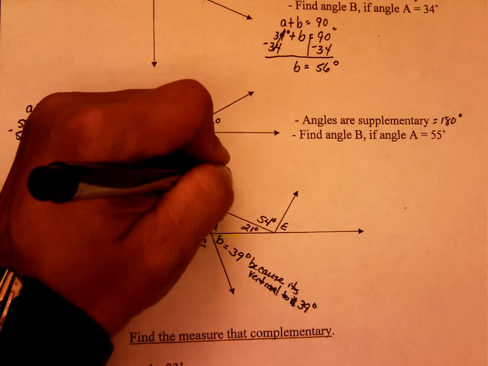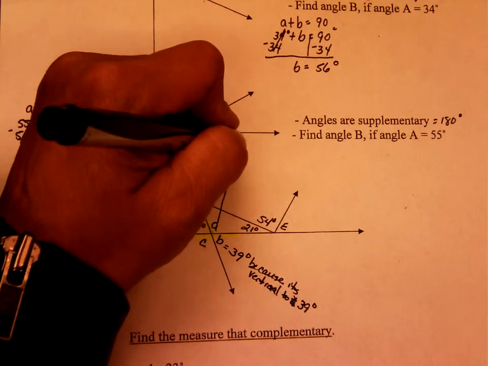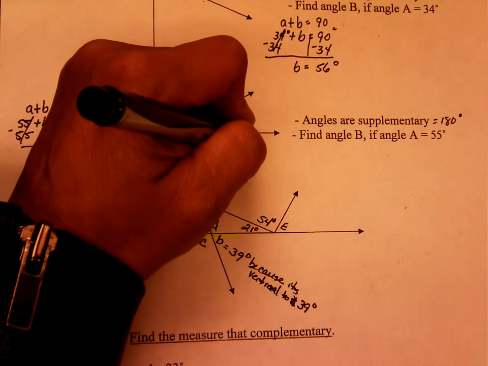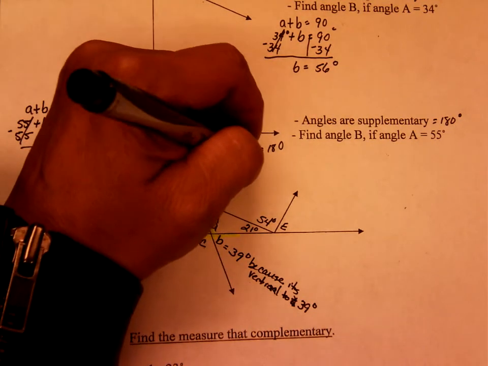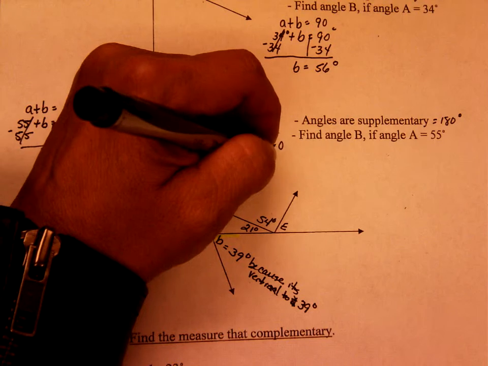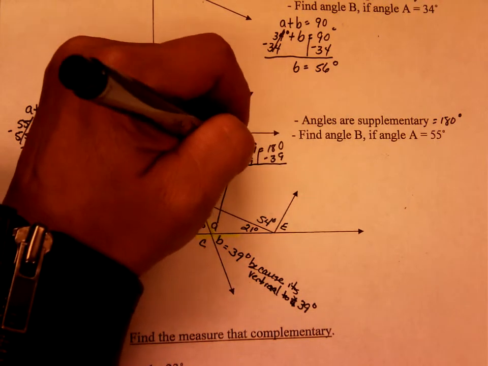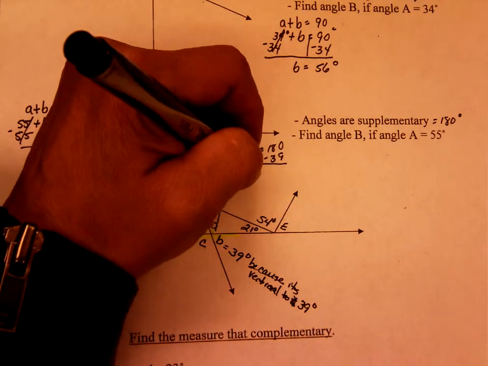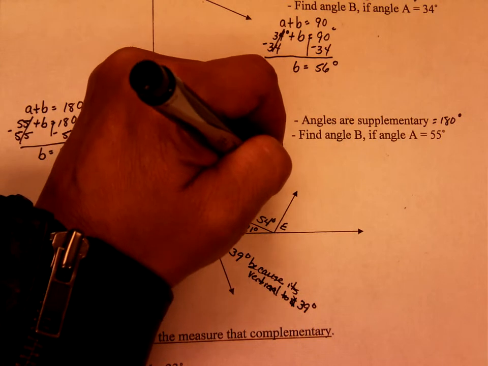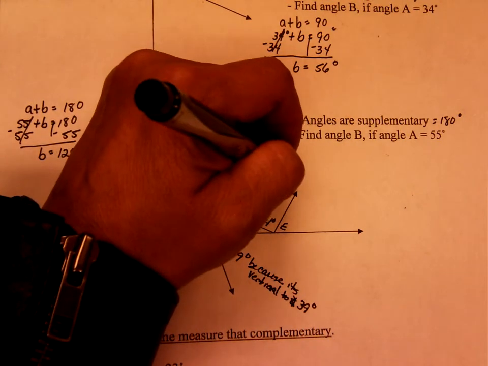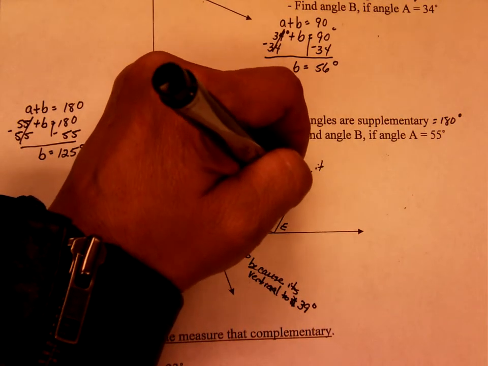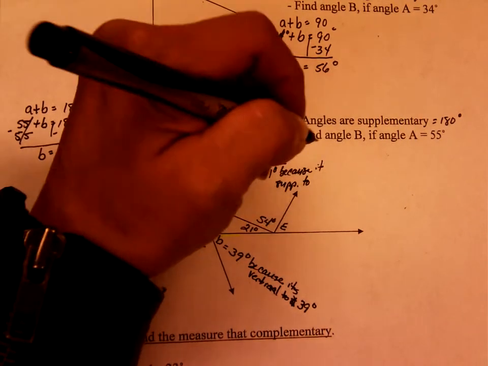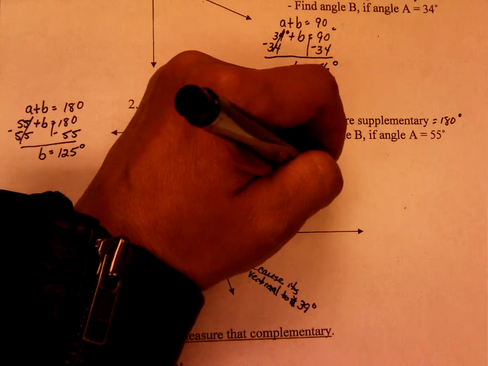Okay, so you're going to write here, A plus 39 is equal to 180. Subtract 39 from both sides, and you get A is equal to 141 because it's supplementary to the 39 degree angle.